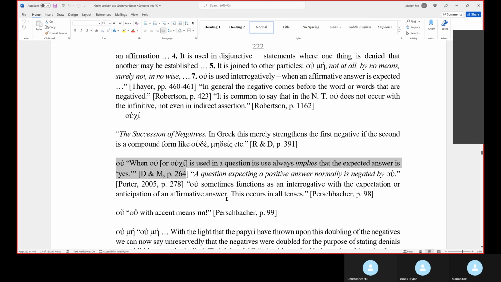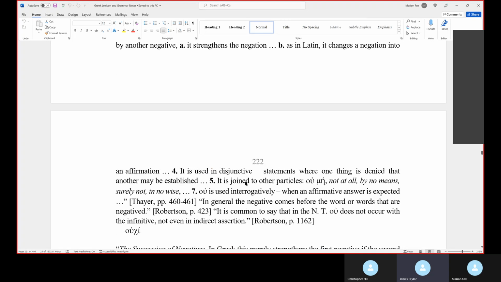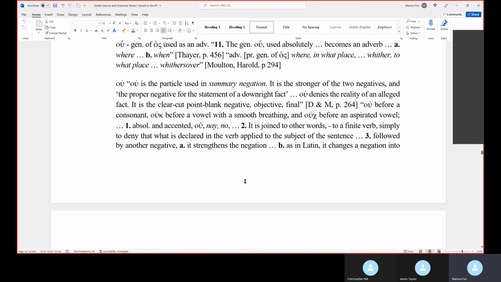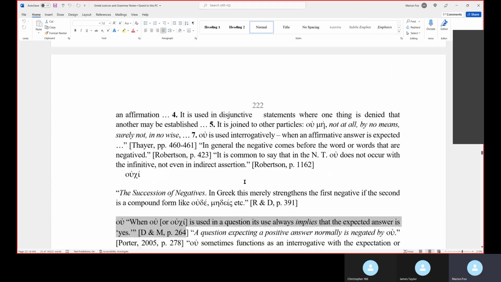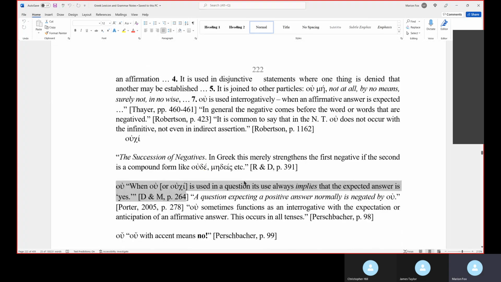Okay. Affirmative. This occurs in all tenses. All right. Me expects a negative answer. Now you have to go over to me and find it. All right. Any question?